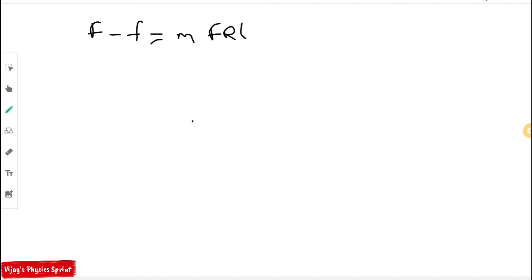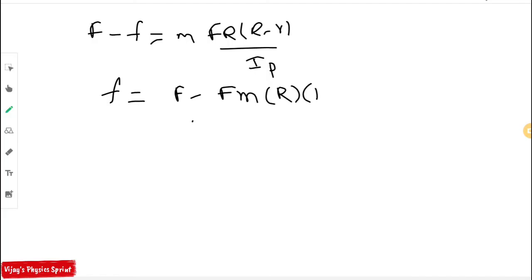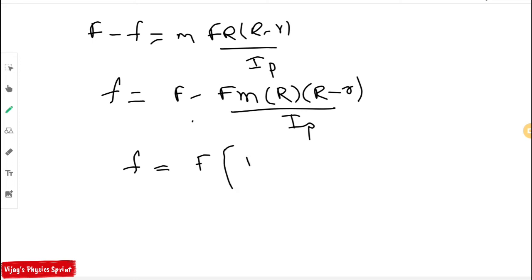We already got a from equation 2, substitute it and solve for the friction force. The final equation after solving is f equals F times 1 minus mR(R minus r) by Ip.